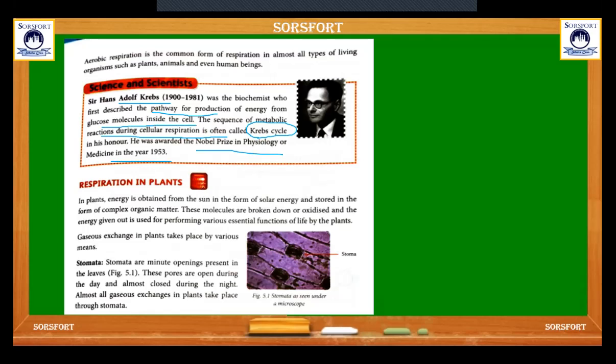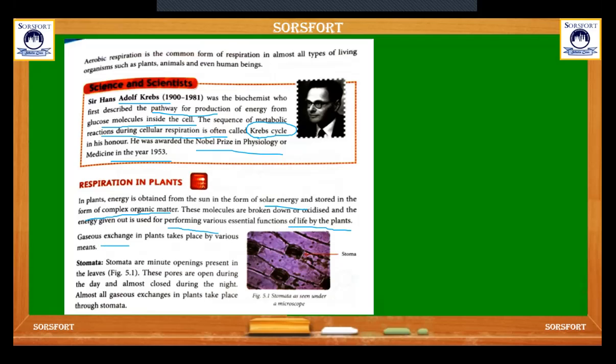Respiration in plants. In plants, energy is obtained from the sun in the form of solar energy and stored in the form of complex organic matter. These molecules are broken down and oxidized, and the energy given out is used for performing various essential functions of life by the plants.